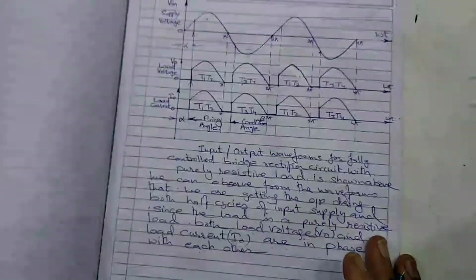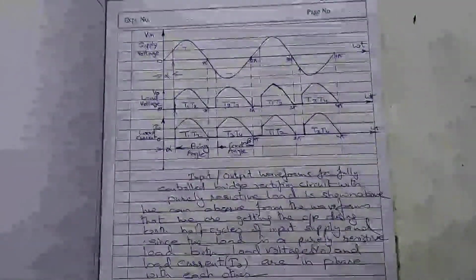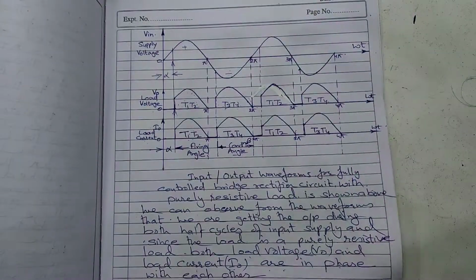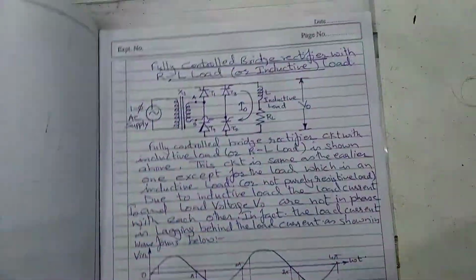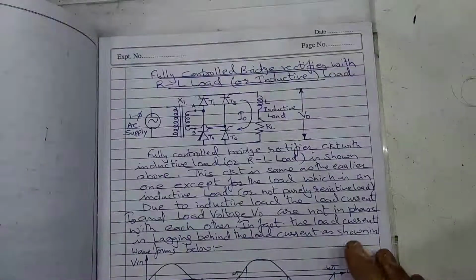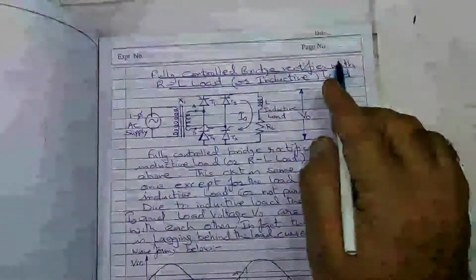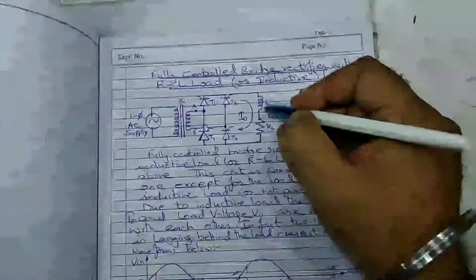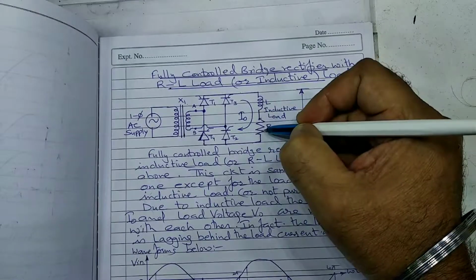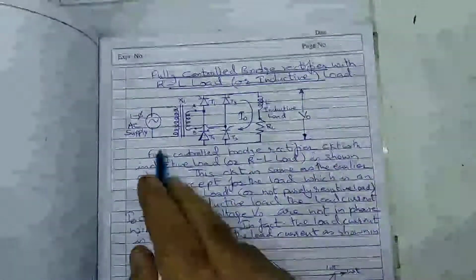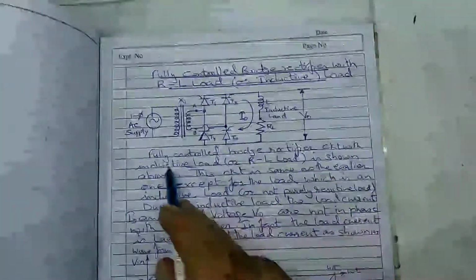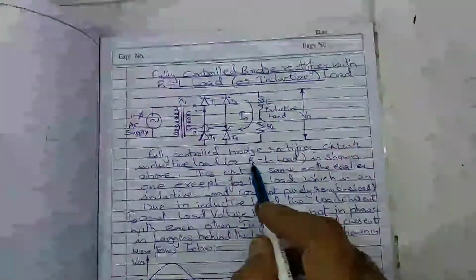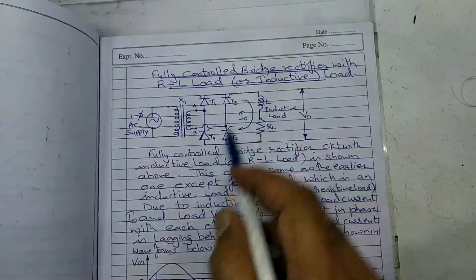Now, when the load is not purely resistive, let us see what happens. Fully controlled bridge rectifier circuit with RL load or inductive load is shown above.